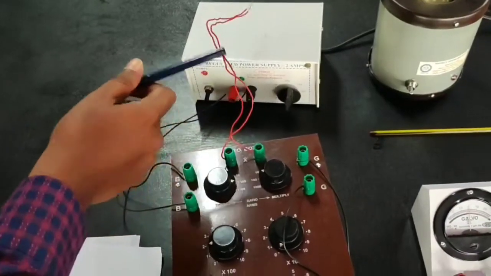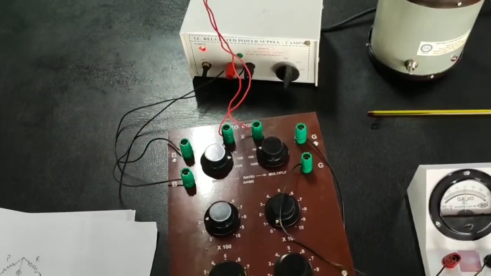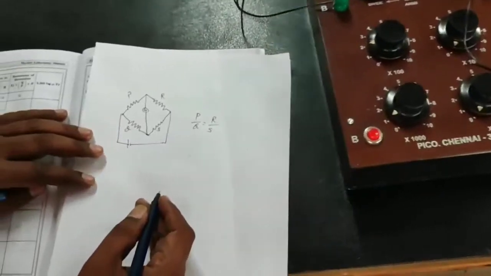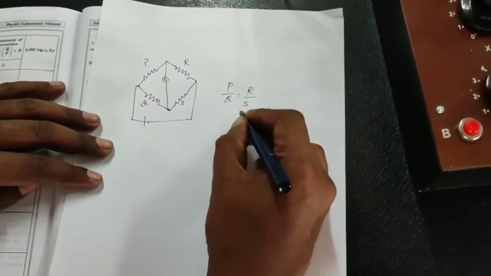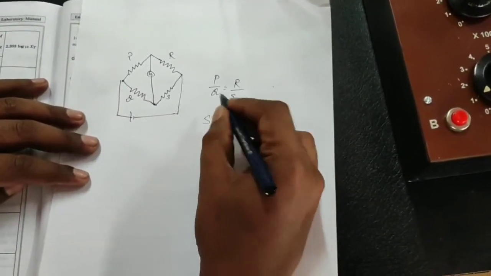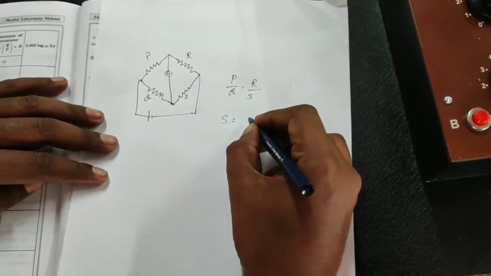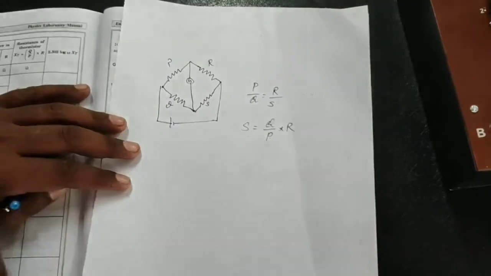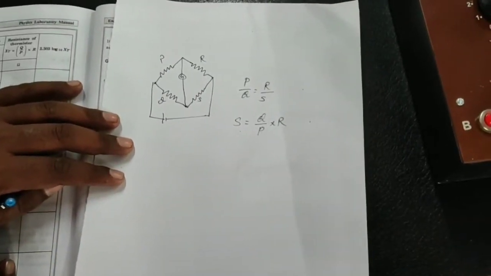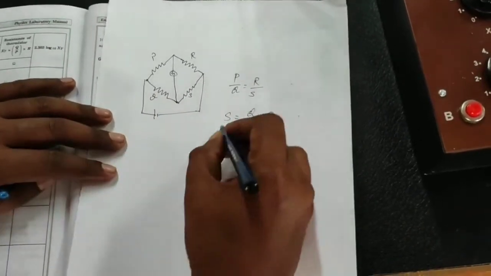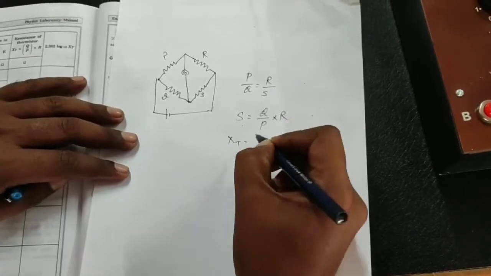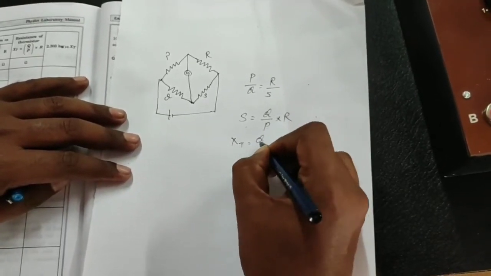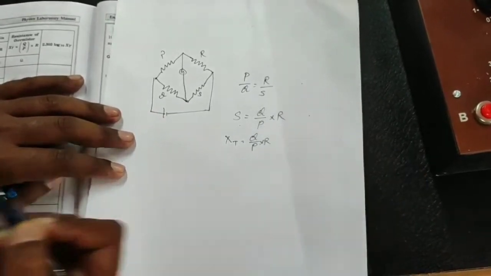To find the unknown resistance, we can rearrange this formula. S, the unknown resistance, is equal to Q by P into R. We call this X, the total resistance, which is Q by P into R.